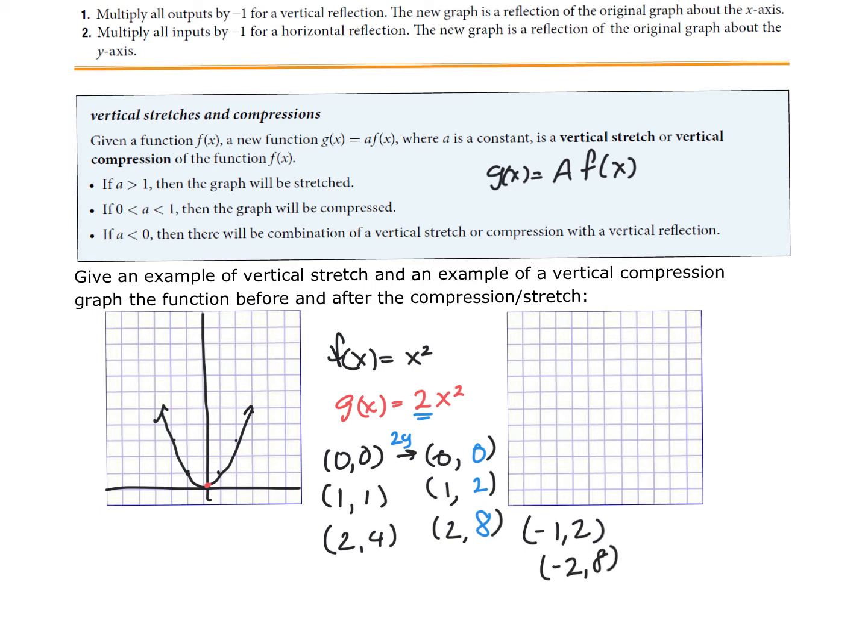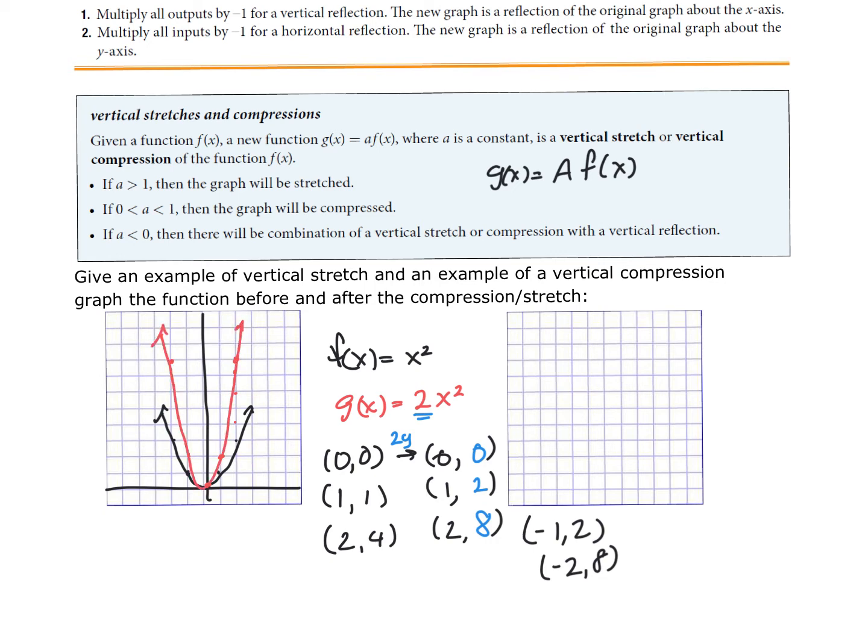So where did this go? Well, let's go ahead and draw it. We still have (0, 0), but now I have (1, 2), (-1, 2), and (2, 8), so 2, there's 4, 6, 8, and then the one on the other side.